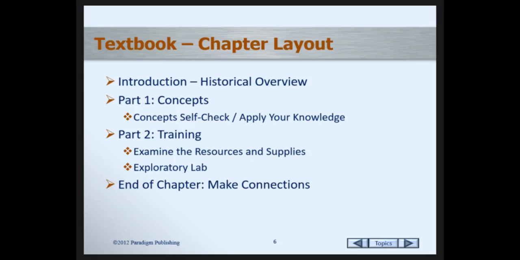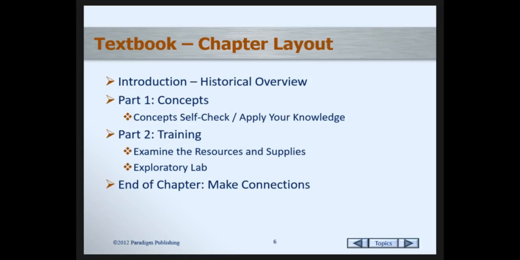Part 2 of the chapter is about training, and it covers the resources and supplies and discusses those. And then there's an exploratory lab in the first 5 chapters. Those are basically question-type things that outline more of the information that's contained in the chapter.